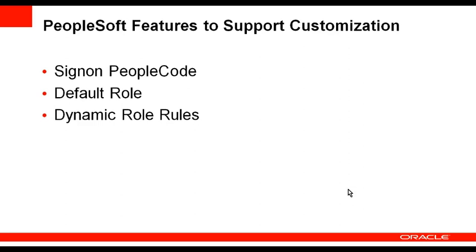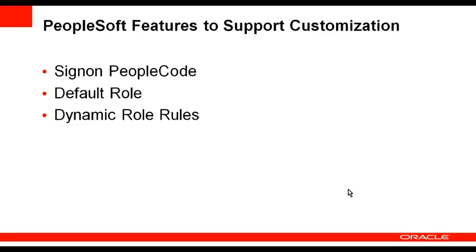So the user's role within PeopleSoft can be changed based on their changing status within PeopleSoft. Somebody changes department, their role may change as a consequence of their change in department or their change in job type.